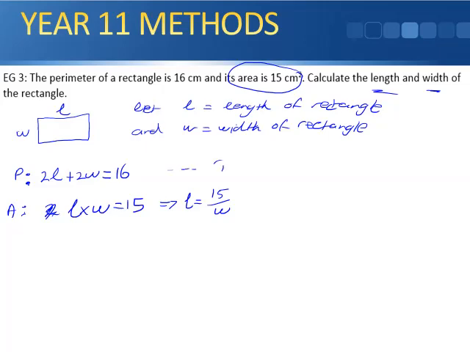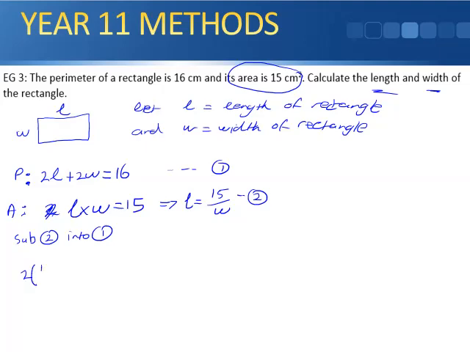So this is my equation number 1, and this one is my equation number 2. And what I'm going to do is substitute one equation into the other. So I'm going to substitute equation number 2, because that's already written as L, into equation number 1.